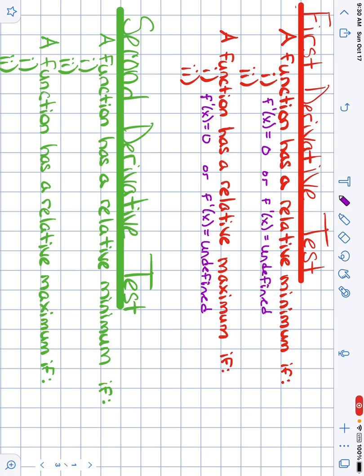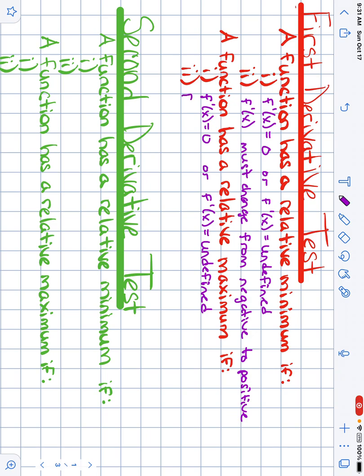Once you find those critical numbers, then to determine if there is a relative minimum, f prime of x must change from negative to positive. If the first derivative changes from negative to positive, that means the original function changes from decreasing to increasing, and that makes a relative minimum on the function.